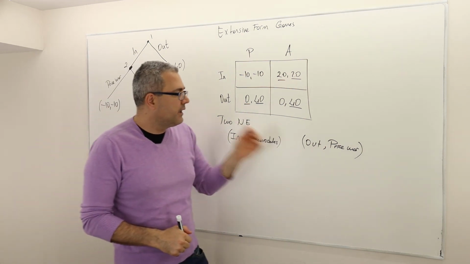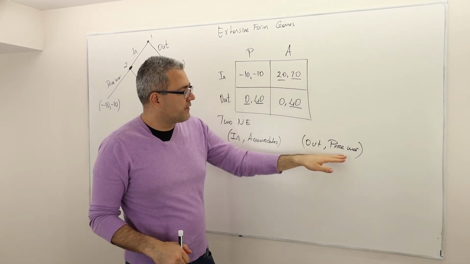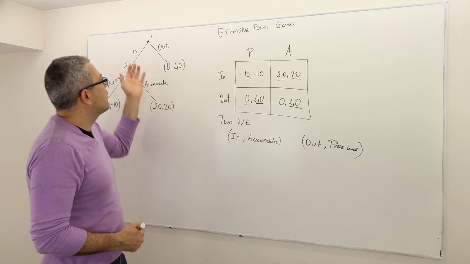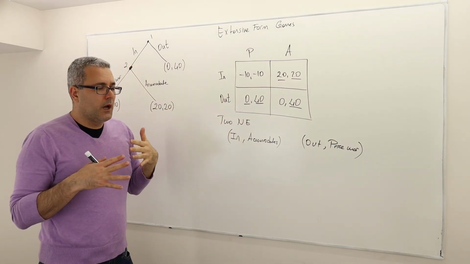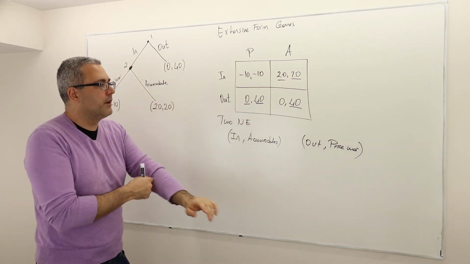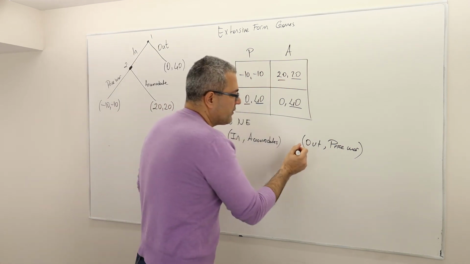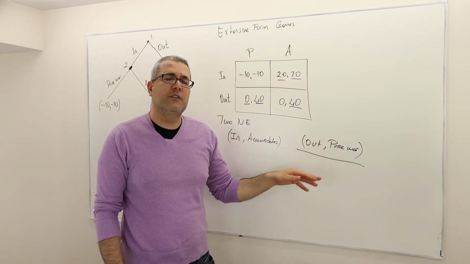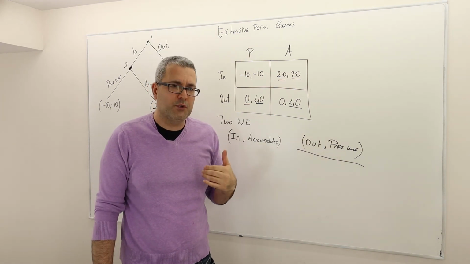Obviously here the strategy of the second player is null because by staying out, firm one is actually finishing the game. But what makes this strategy profile a Nash Equilibrium is the fear that player two is actually going to start a price war, right?